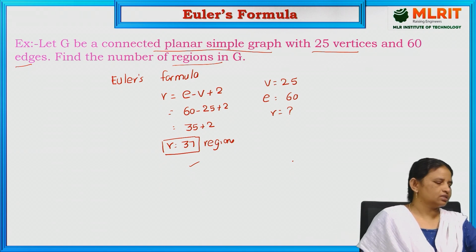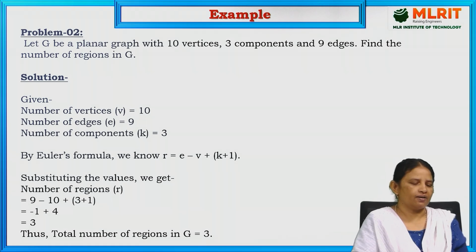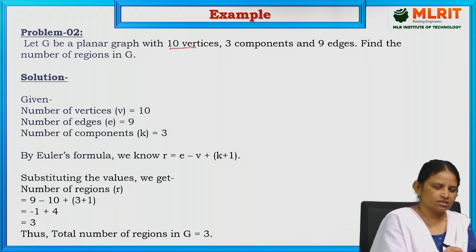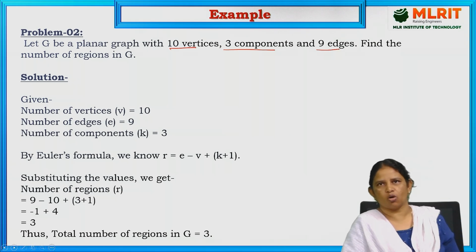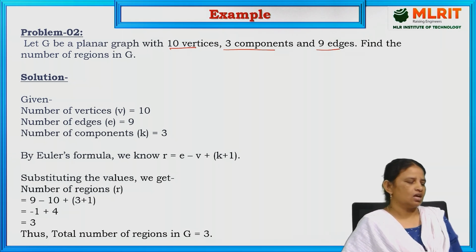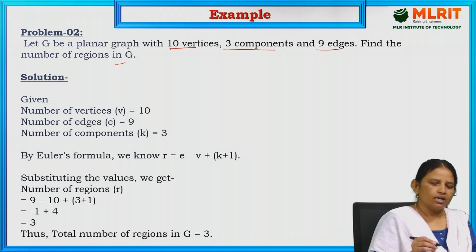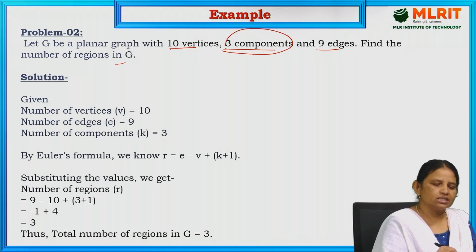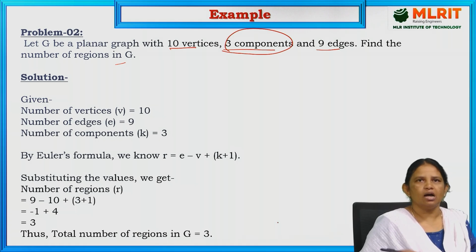Consider one more example. Let G be a planar graph with 10 vertices, 3 components and 9 edges. Find the number of regions in the given graph. Suppose components are given in the problem, then how do we find the number of regions?